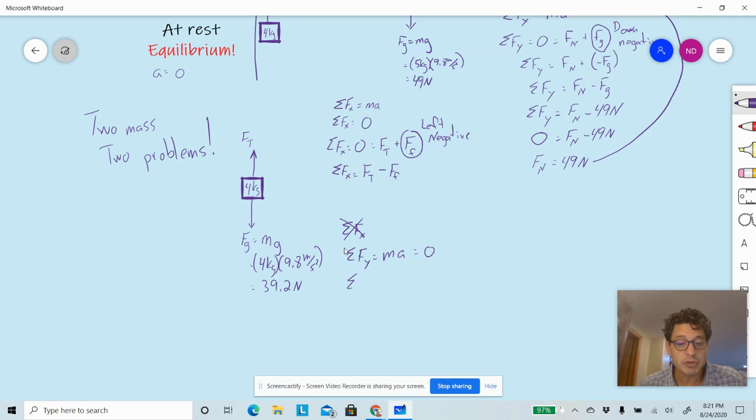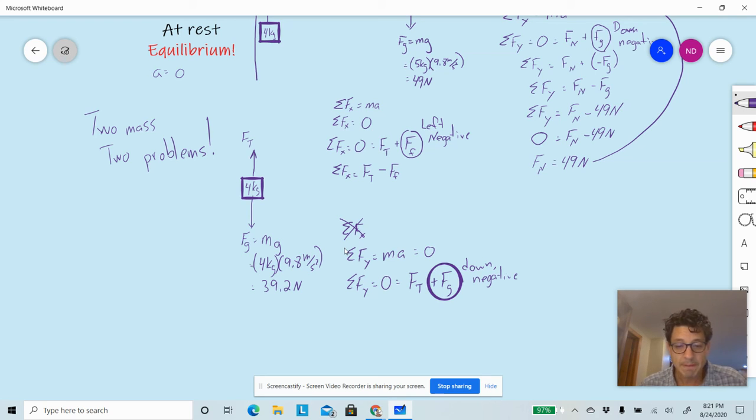But what are the forces? So the sum of the forces equals 0, but the forces in the y are going to be the force of tension plus the force of gravity. Again, because the force of gravity is downward, we're going to consider that negative.